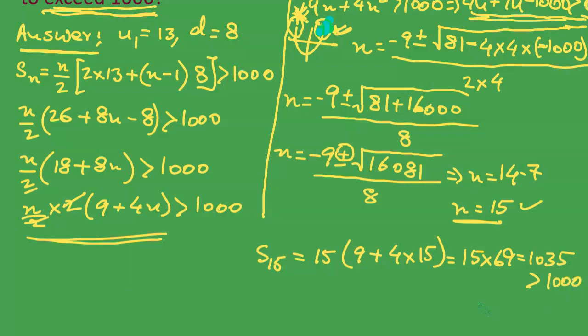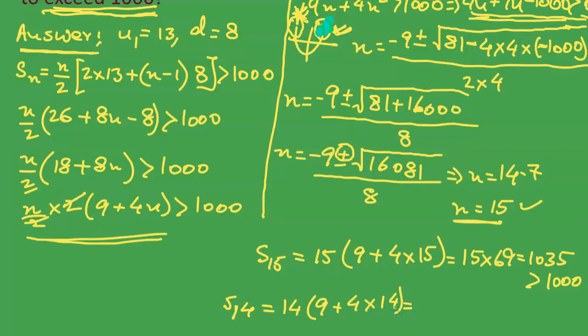Right. What about S14? S14 is equal to 14 times 9 plus 4 times 14. Okay. So what is 4 times 14 equal to?